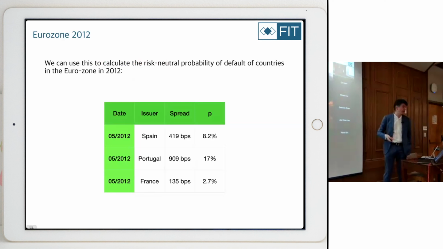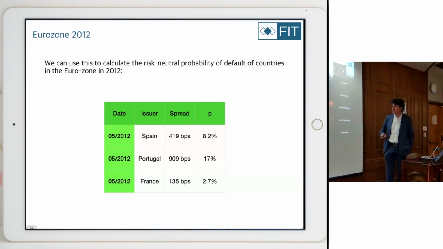I have here, for example, 2012. 2012 was about the worst year for the spreads, right? See, Greece is not even here. In 2012, they were talking about other countries like France or Spain going bankrupt. Greece is a very small percentage of the European Union GDP, like 5%. But France is like 25% or something. It's big, right? Look at France.